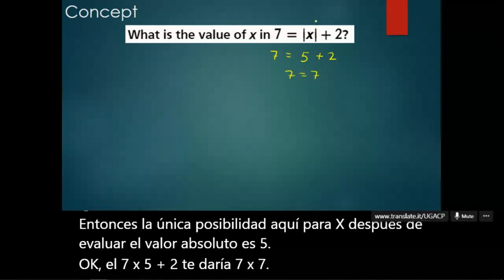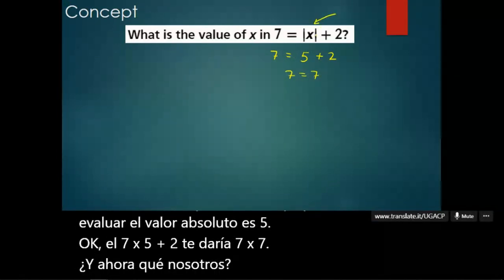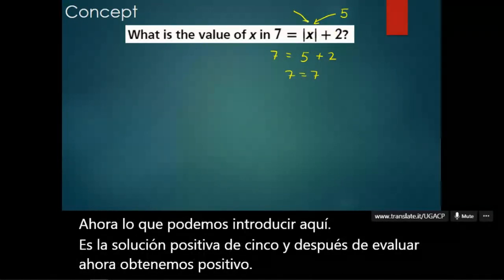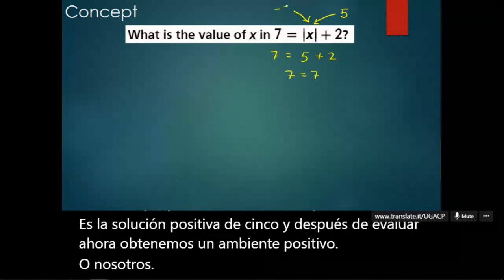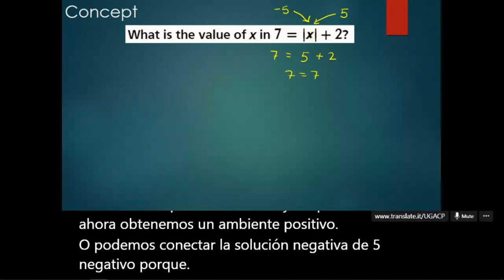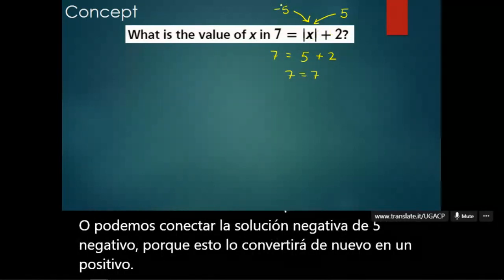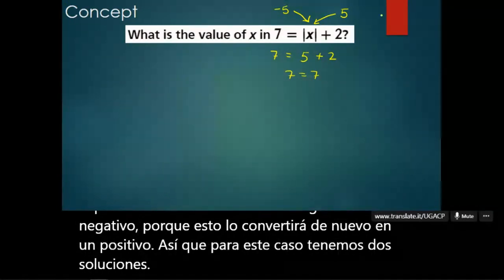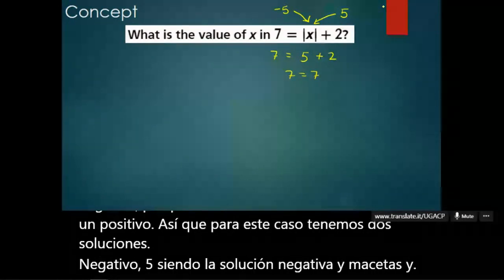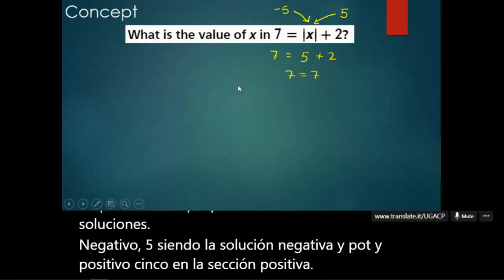Now, we can input the positive solution of 5, and after evaluating that, we get positive 5. Or we can plug in the negative solution of negative 5, because this will turn it back into a positive. So for this case, we have two solutions: negative 5 being the negative solution and positive 5 being the positive solution. So that's what's conceptually happening.